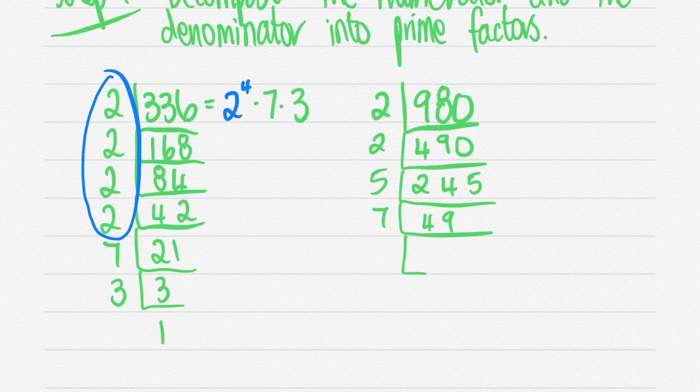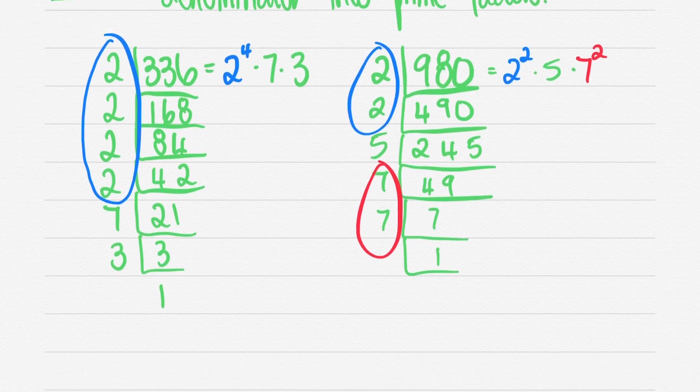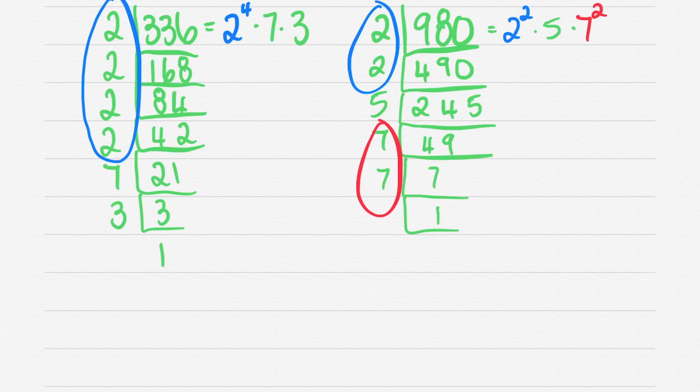I'm just calculating it in my head: 24 divided by 5, 5 goes into 20 4 times, and even though there's a 4 left over, we need to carry it to the 5 on the right. You say 45 divided by 5, you get 9. You then have 7 divided by 7, you get 1. With that said, you've got 2 squared times 5 times 7 squared. That's the prime factoring sorted out, otherwise known as decomposition.